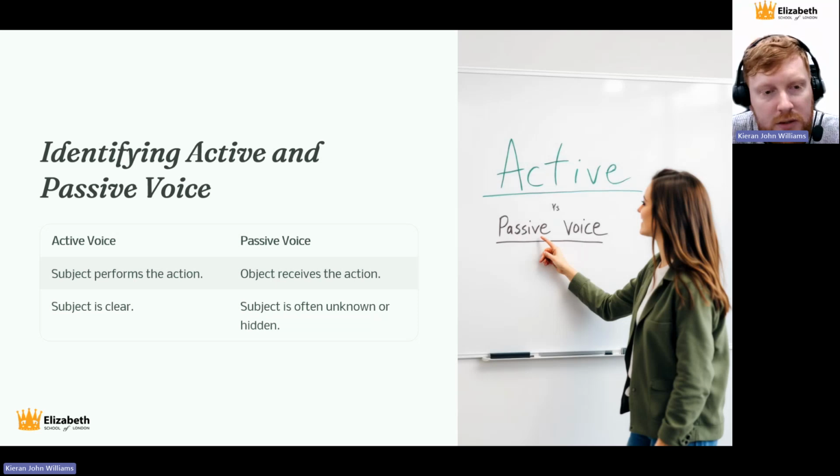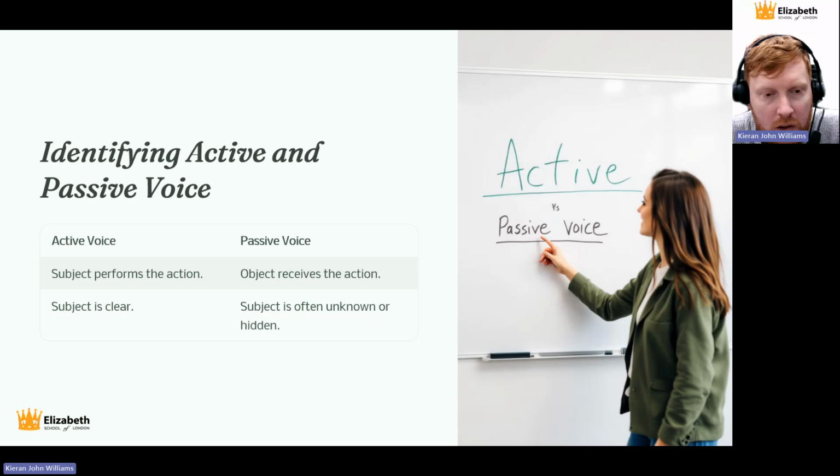In the passive voice, where it is object, verb, subject, we are focusing more on the object and how the action affects the object. Okay. The subject is not important, and it can often be that it is unknown or it is hidden or it is so obvious that we don't actually need to say who did it.